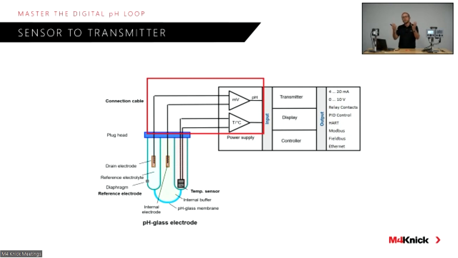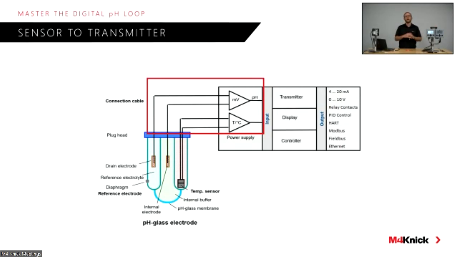There's equations built into the electronics of the transmitter to take that voltage signal and display it as a pH value. Of course, as its name entails, its job is also to transmit an industrial signal to a higher level control system. Typically, that could be a 4 to 20 milliamp signal. It could be a voltage signal in the range of 0 to 10 volts, things of that nature, to control our process or monitor our process.